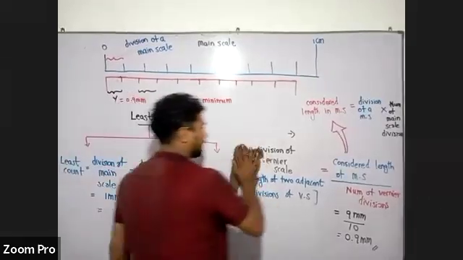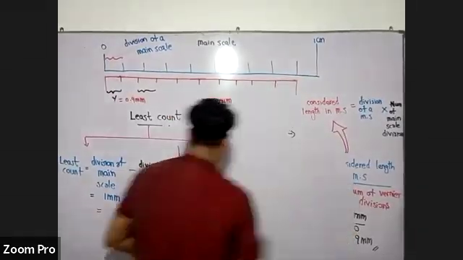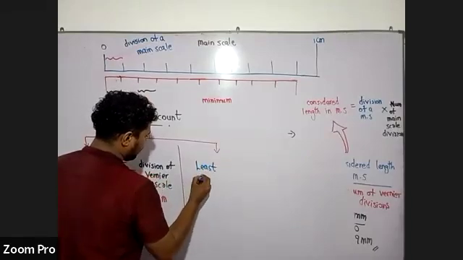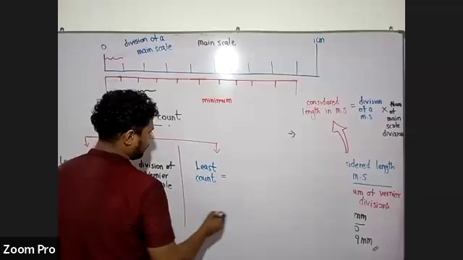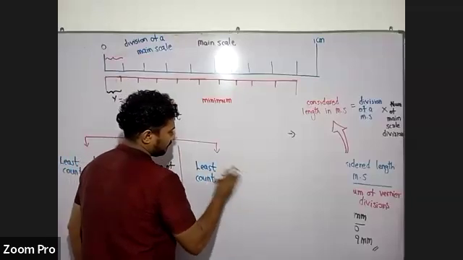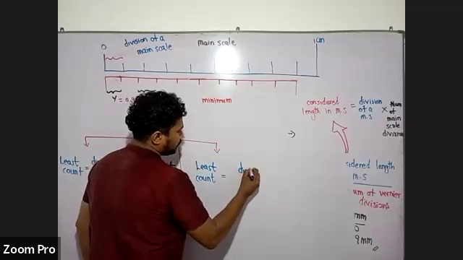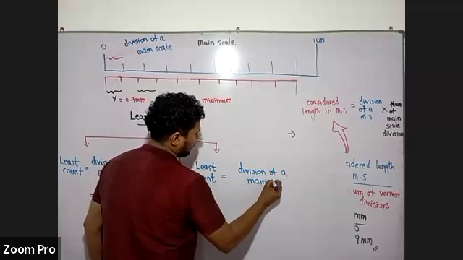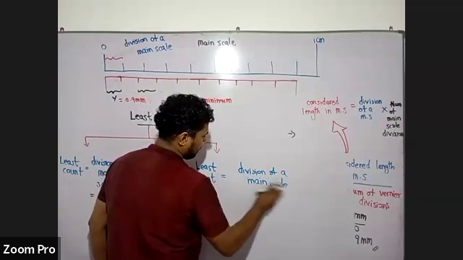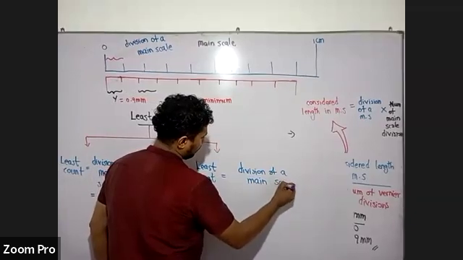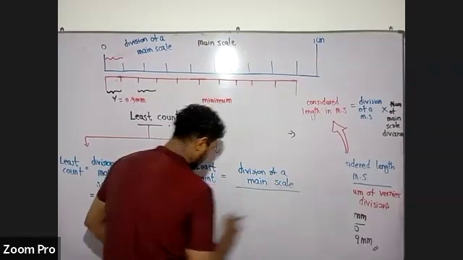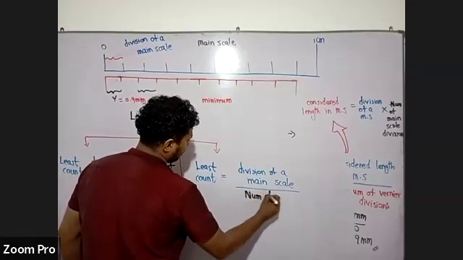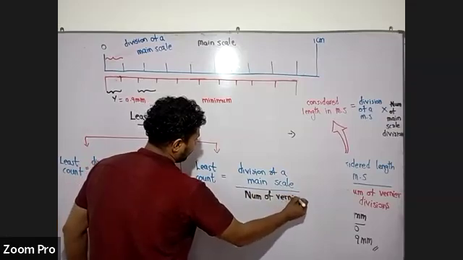And there's another way, that is, least count can be obtained by the division of a main scale divided by the number of Vernier divisions.